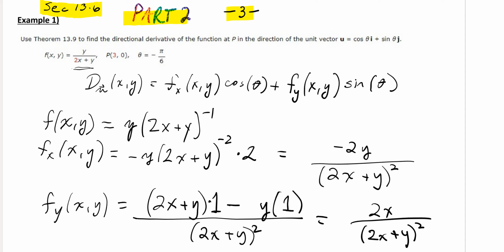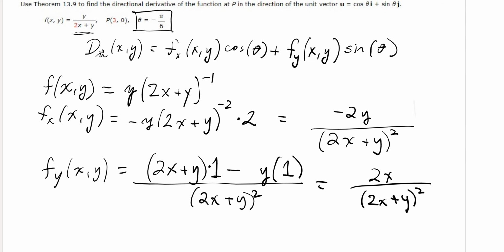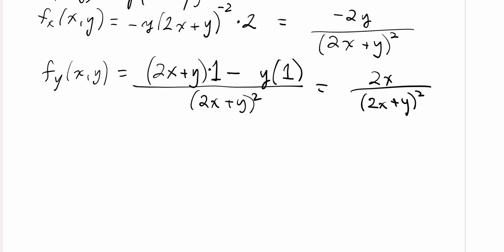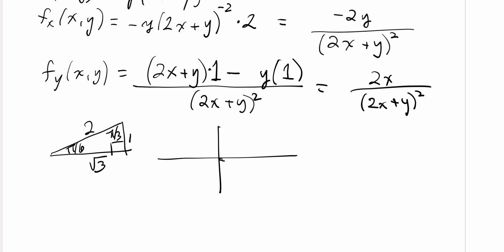Then in order to evaluate the directional derivative, we're also going to have to know the cosine and the sine of negative pi over 6. So here's our 30, 60, 90 right triangle, 1, 2, square root of 3. But in this case, it's negative pi over 6. So if we put the angle into standard position like that, this would be this triangle, but we could consider this as negative 1.